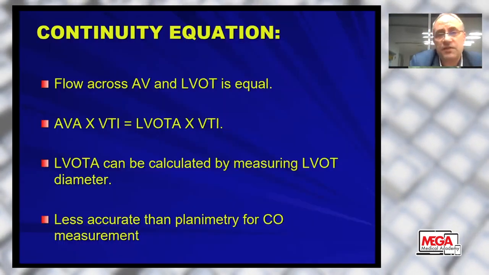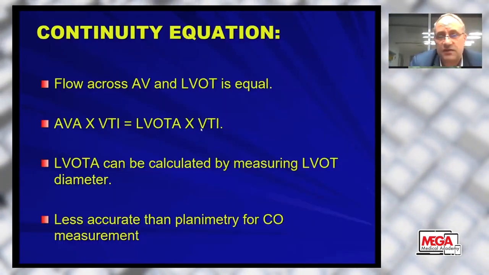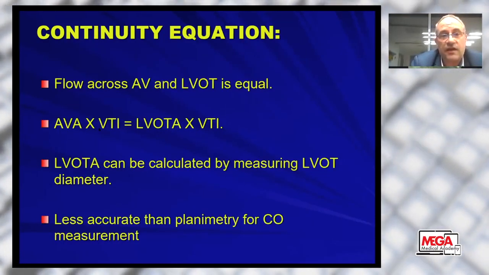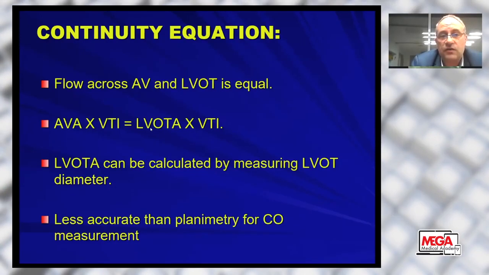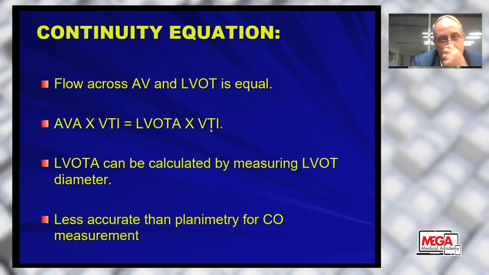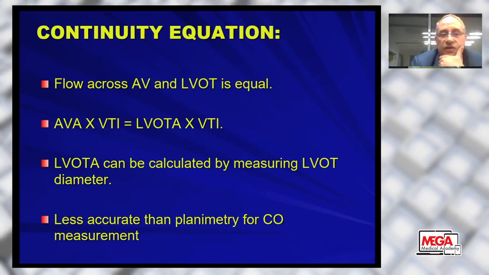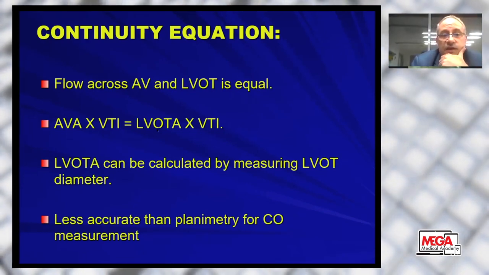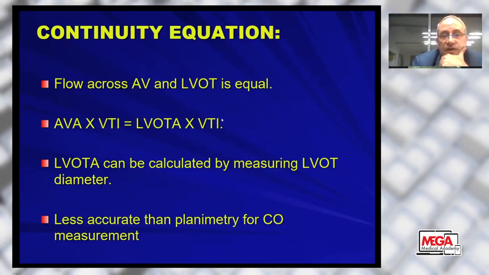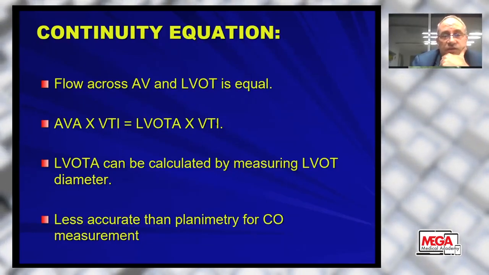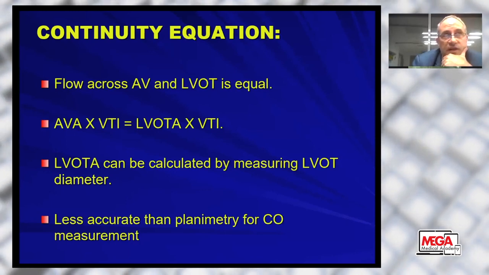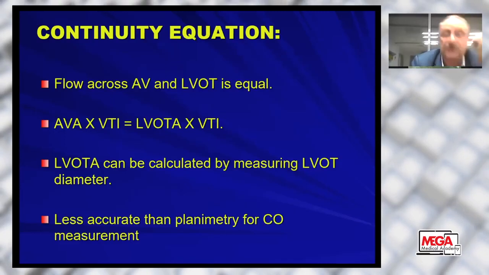The second method of getting the aortic valve area, we discussed it before, is the continuity equation. By knowing the VTI across the aortic valve by Doppler and across the LVOT by Doppler, and by measuring the left ventricular outflow tract diameter, I can get its area.